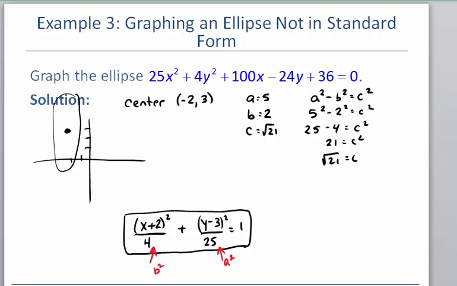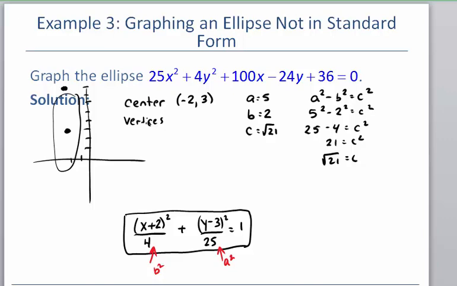All right, so let's go ahead and determine our vertex points. Remember that that is going to come from the a value. So we're going to count up 5 units and down 5 units for the vertex. All right, so we're already at 3, so we need to count up 1, 2, 3, 4, 5.